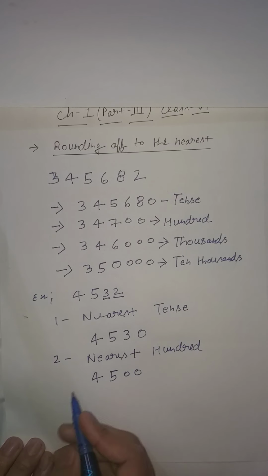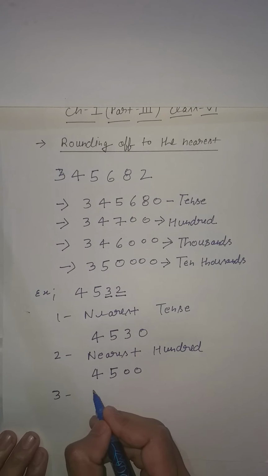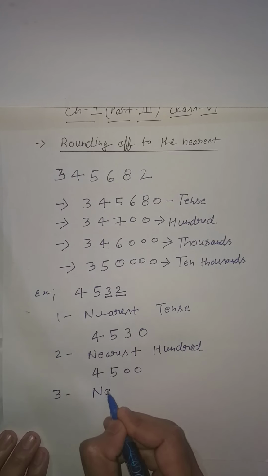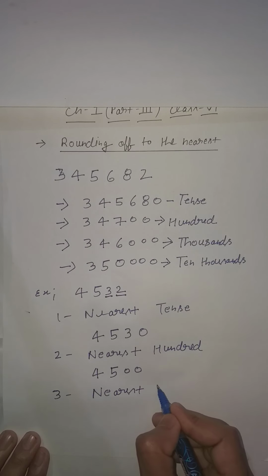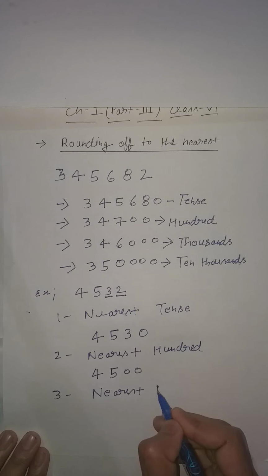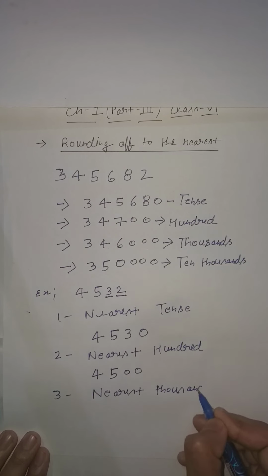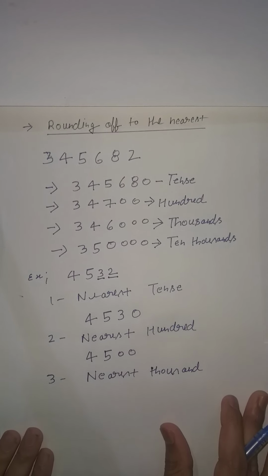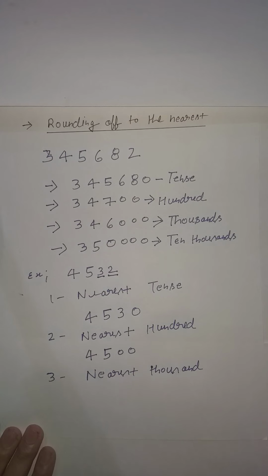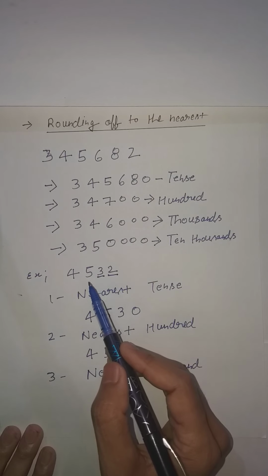Now the next, third one, is nearest 1000. Now for nearest 1000, what you will do, you will see the 100 place.